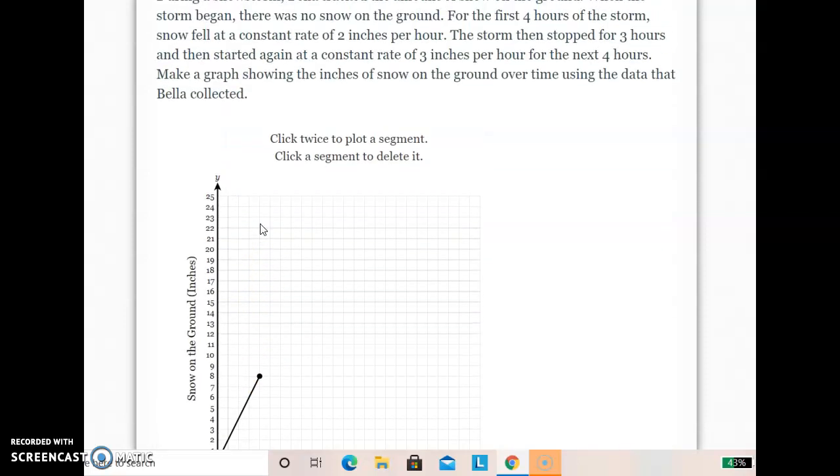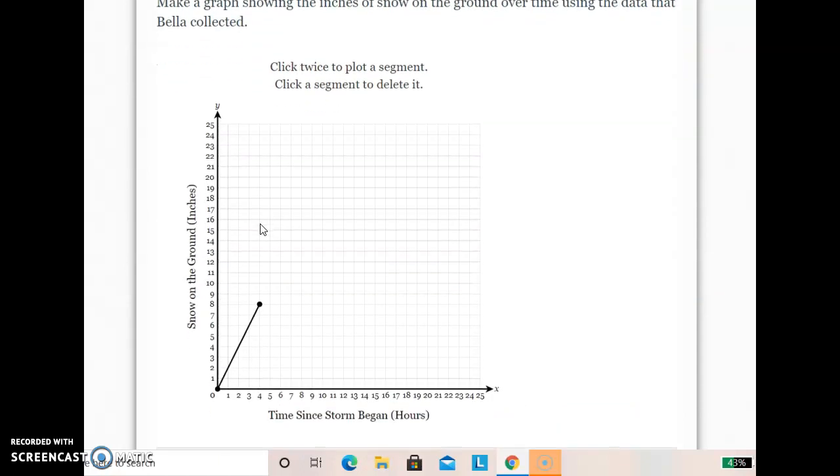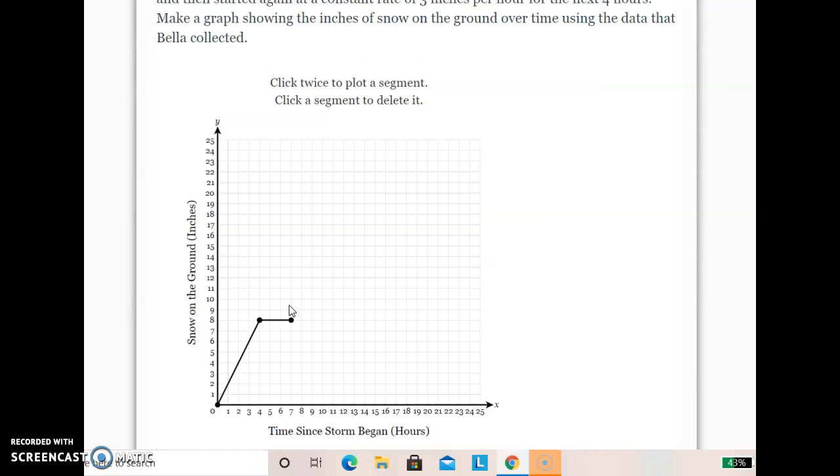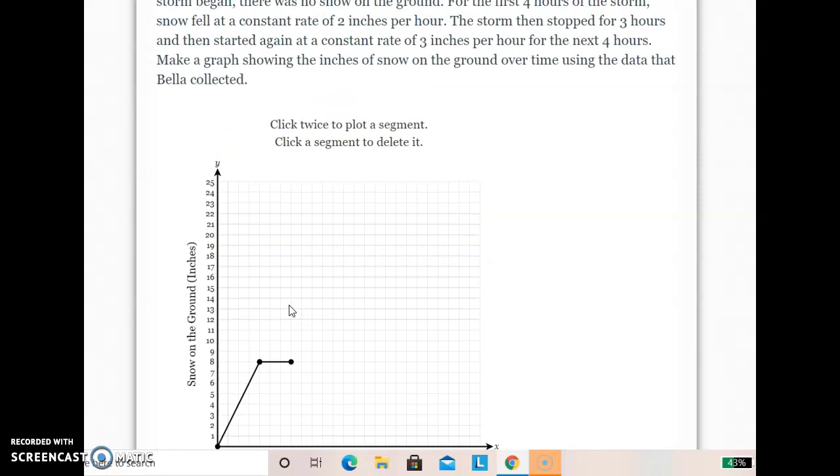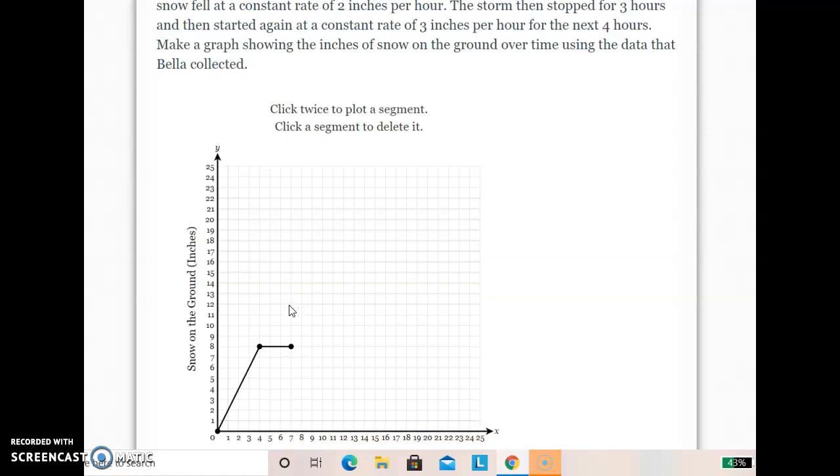Then it says the storm stopped for 3 hours, meaning that the amount of snow there was did not change. So I'm going to have my starting point again at that one part, and then for 3 hours, 1, 2, 3, nothing changed. Then it started again at a constant rate of 3 inches per hour for the next 4 hours.